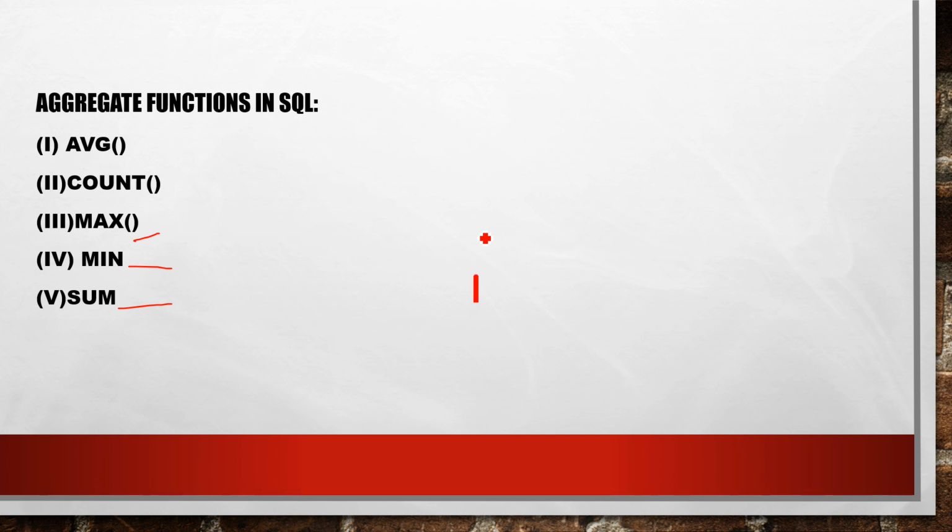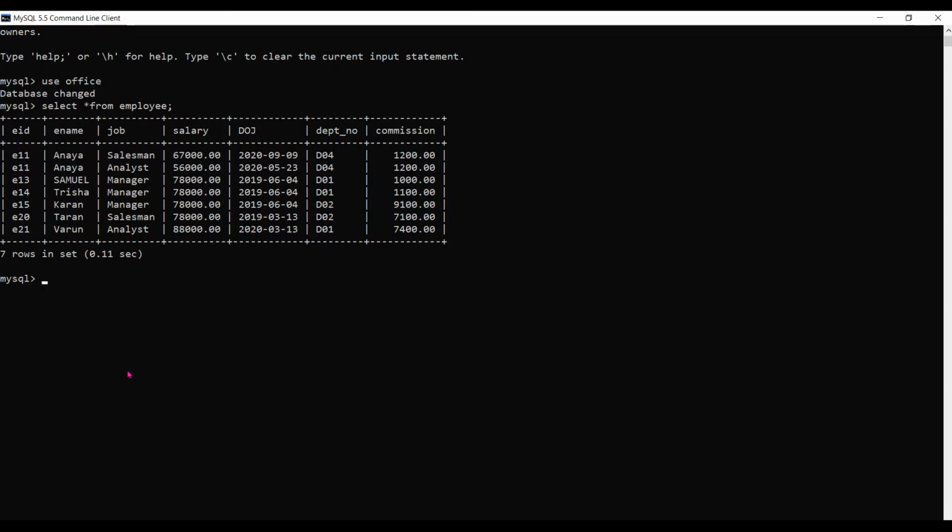So let us now see these functions with the help of example in MySQL. Here I have taken one example table of employee where employee ID, name, job, salary, date of joining, department number, commissions are being entered.